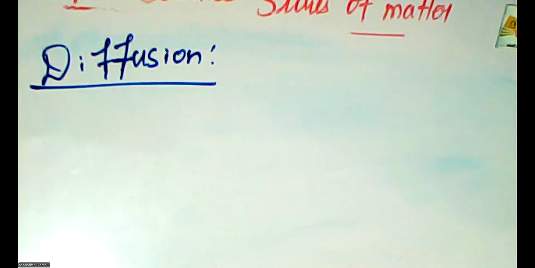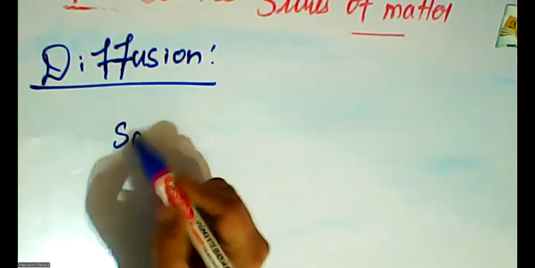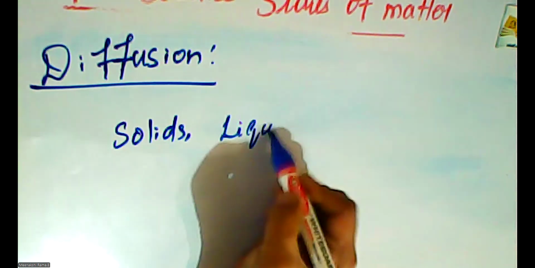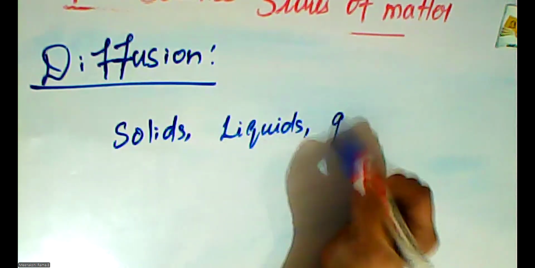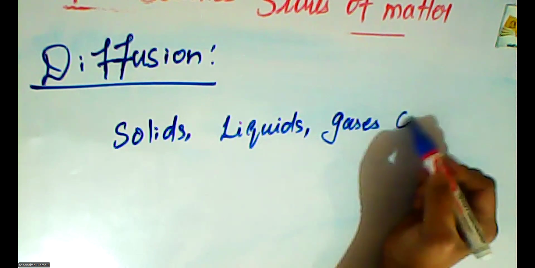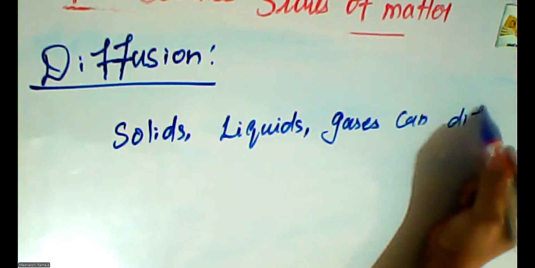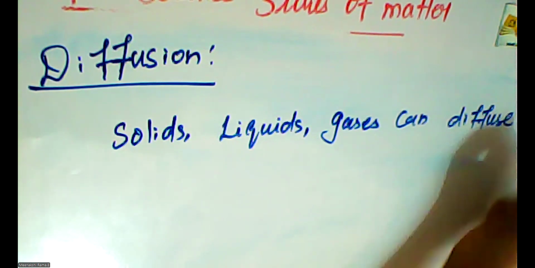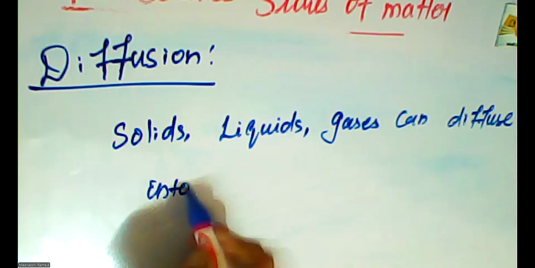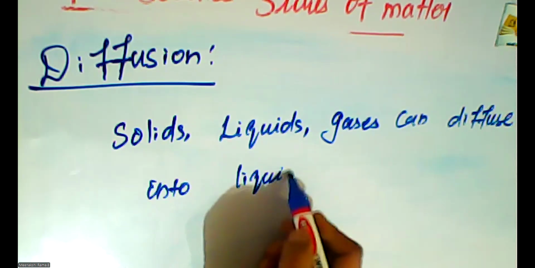The rate of diffusion of liquid is higher than that of solids. Solids, liquids, and gases can diffuse into liquids. How is it possible?